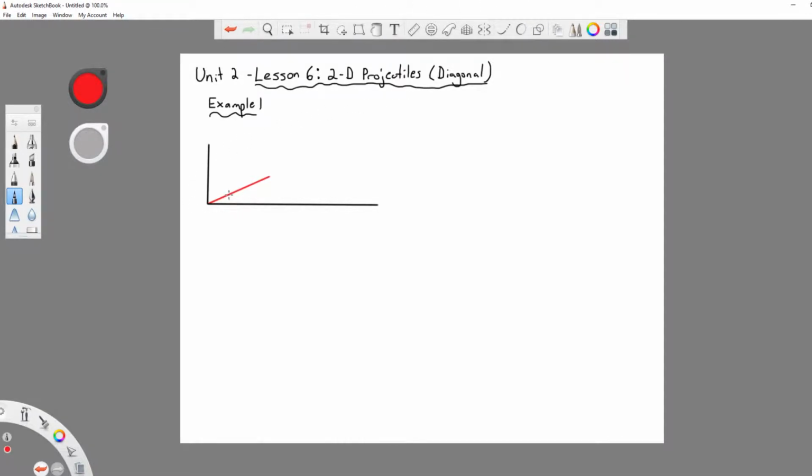Okay, this angle here is known to be 23 degrees. We also know that the magnitude of this line is 78 meters per second. Okay. It's moving ahead like that.